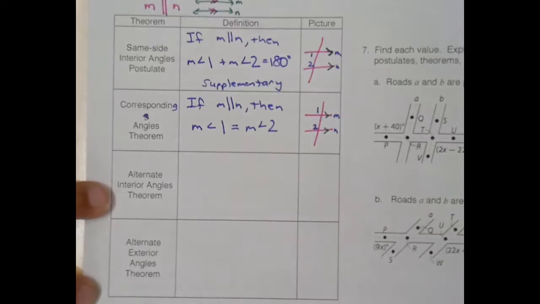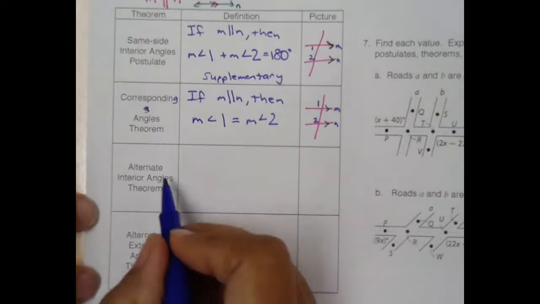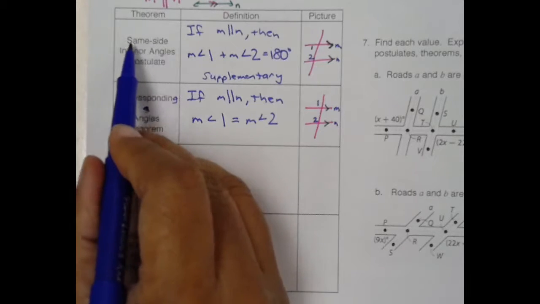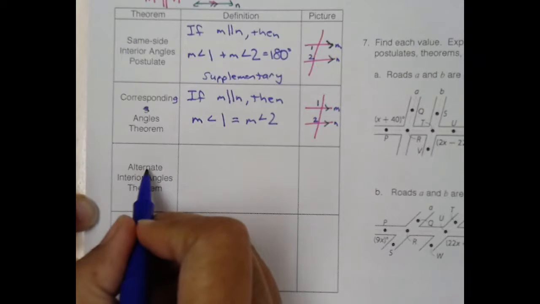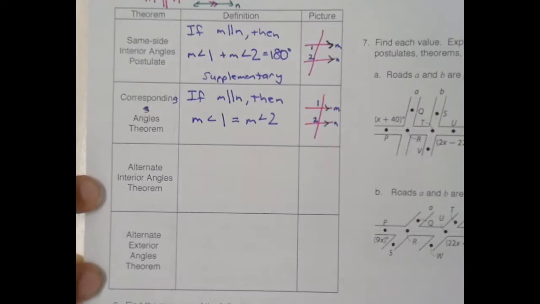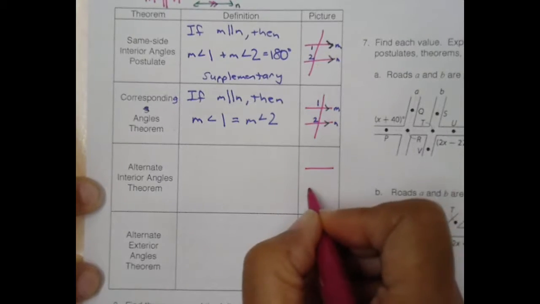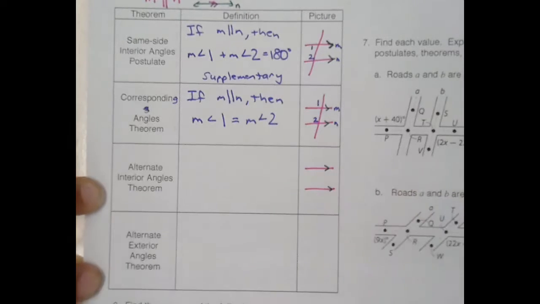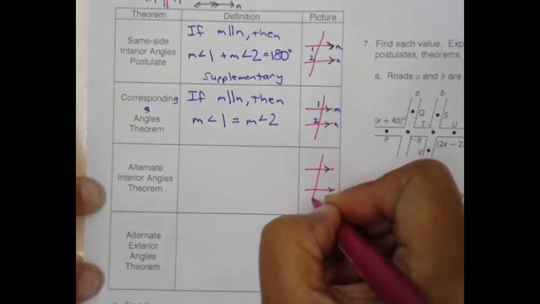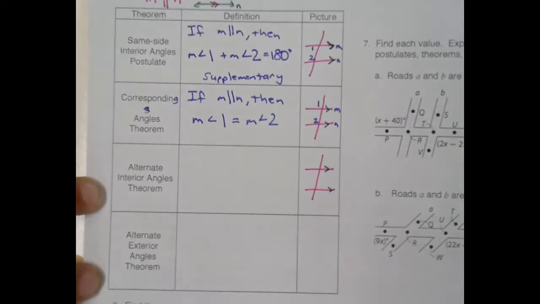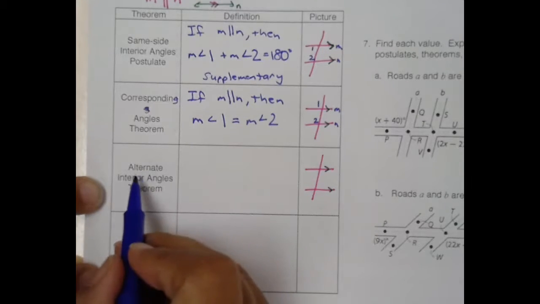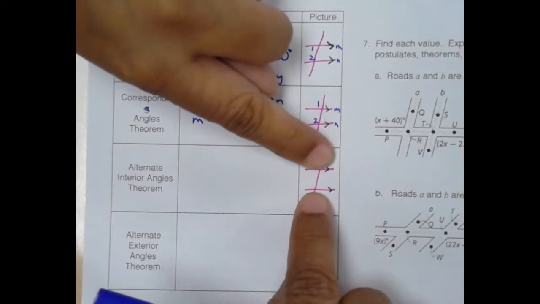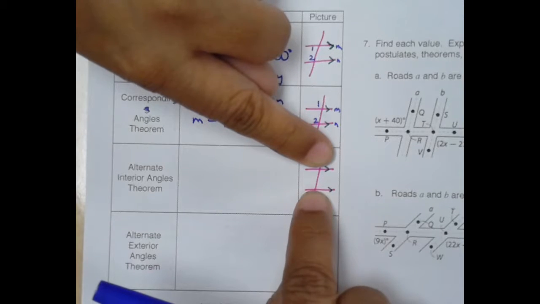All right, let's take a look at this next one. Here we have alternate interior angles. Now we talked about interior angles here, but instead of the same side, they're going to be on the alternate sides of each other. So we have two lines that are parallel. They're both cut by this transversal. And when we say alternate interior angles, we're talking about the inside again, inside the two lines, interior, but alternate sides.